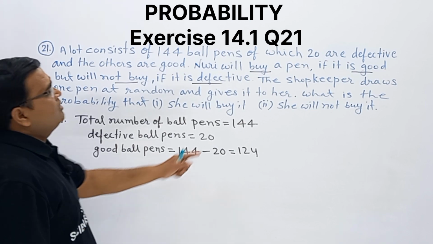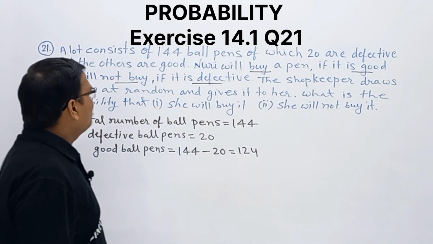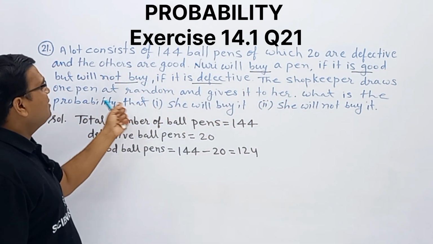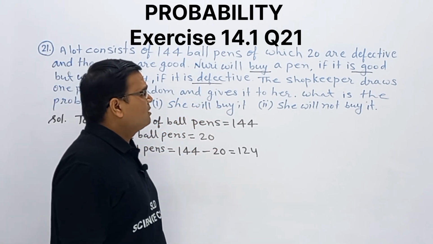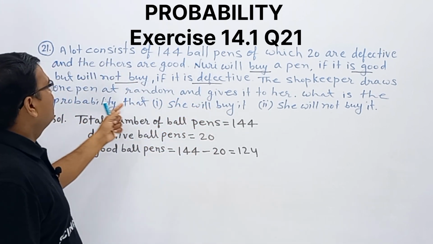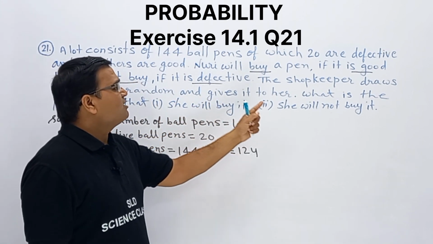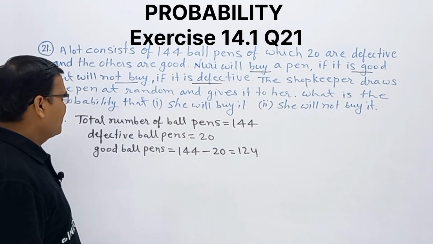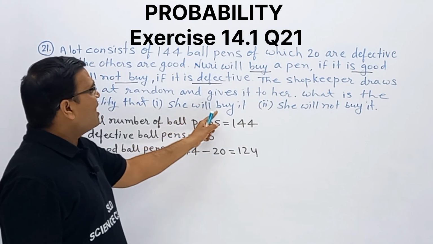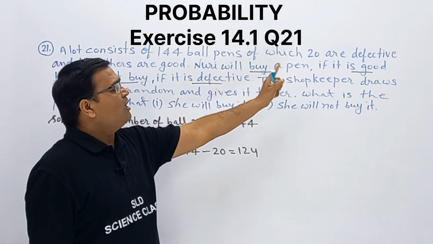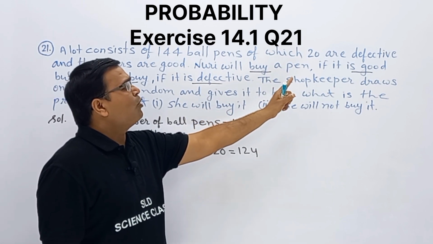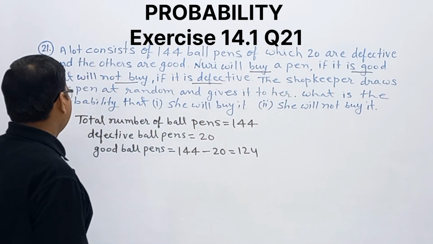Clear? The shopkeeper draws one pen at random and gives it to her. What is the probability that she will buy it? She will not buy it? She will buy it when the ball pen is good.